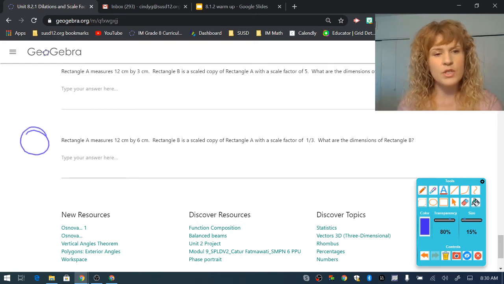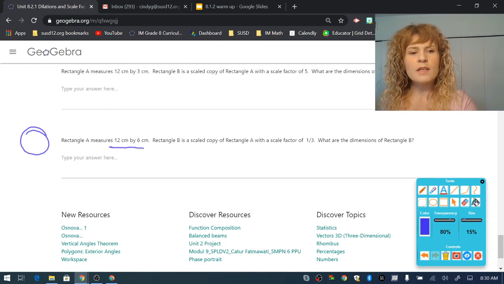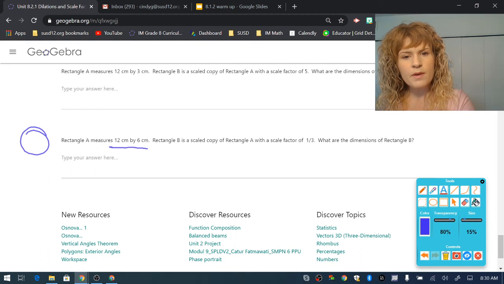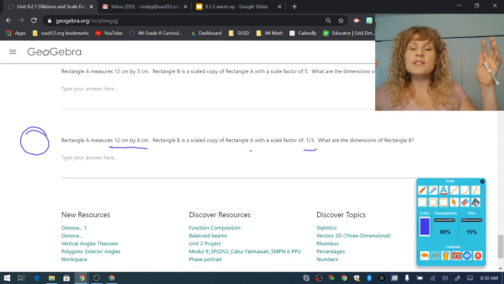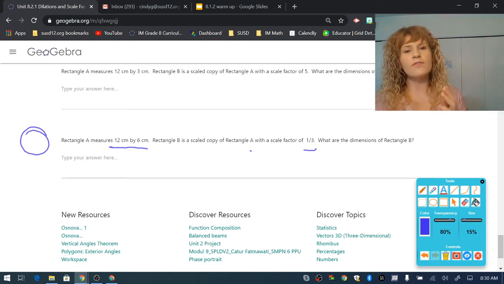Rectangle A measures 12 centimeters by 6 centimeters. Rectangle B is a scale copy of rectangle A with a scale factor of 1/3. What are the dimensions of B? Okay, so now we are not scaling up, we're scaling down. The scale factor is 1/3.